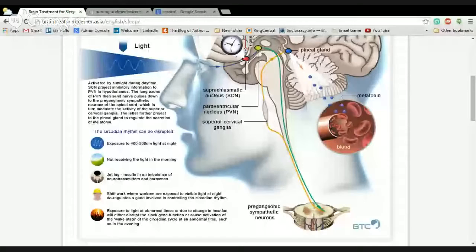So let's go back to our graphic here. Okay, so here's our graphic. So we have the blue light. You want to stay away from blue light other than sunlight.